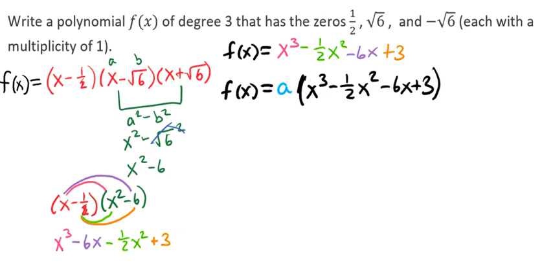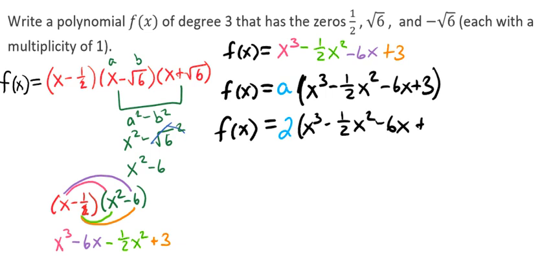For example, let's say that we let a be the number 2. So if we plugged in a 2 right here, and multiply that by x to the third minus 1/2 x squared minus 6x plus 3, then we would end up with an answer of f of x equals 2x to the third minus x squared minus 12x plus 6.